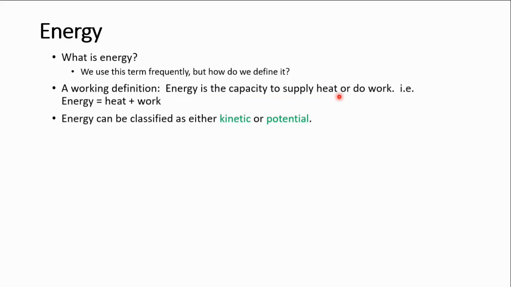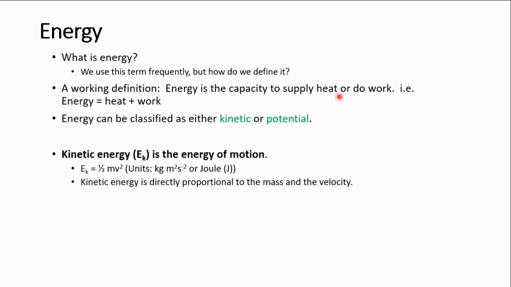Energy can be classified as either kinetic or potential. Kinetic being energy of motion, whereas potential is stored energy. Kinetic energy, often symbolized by EK, like I just said, is the energy of motion, and is given by half mv squared.